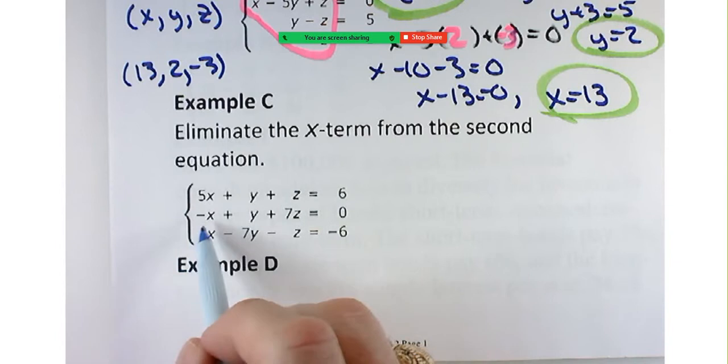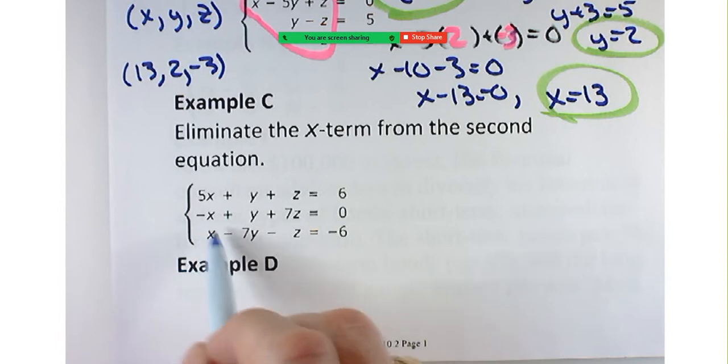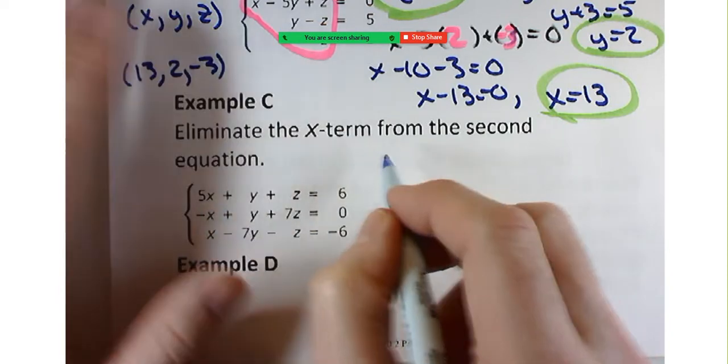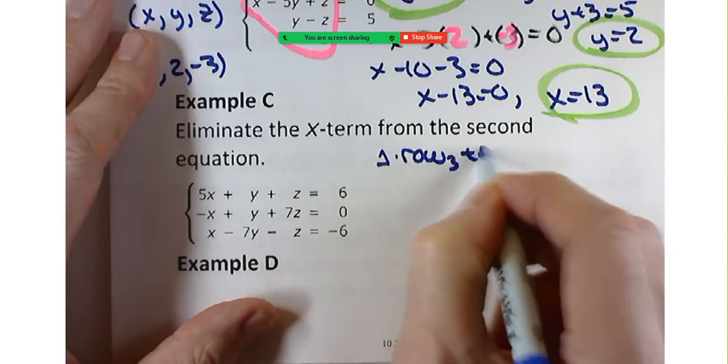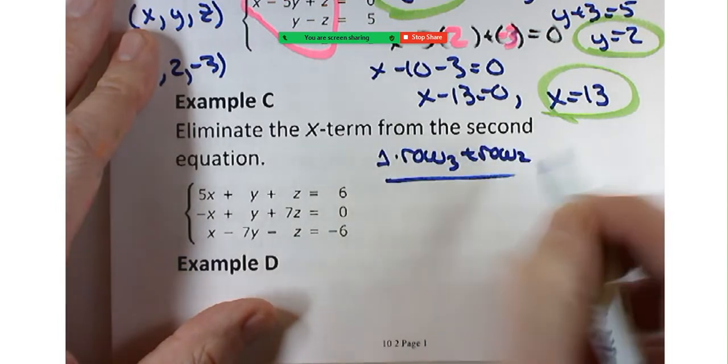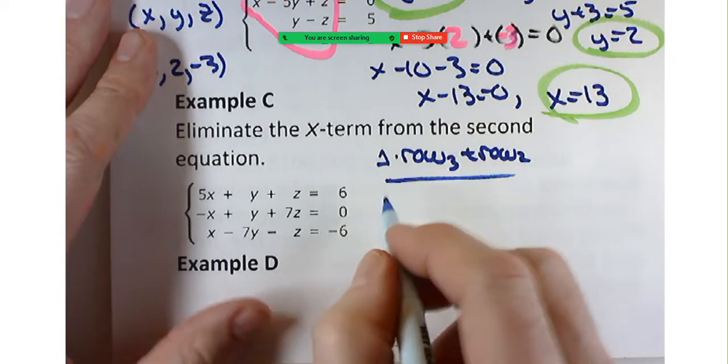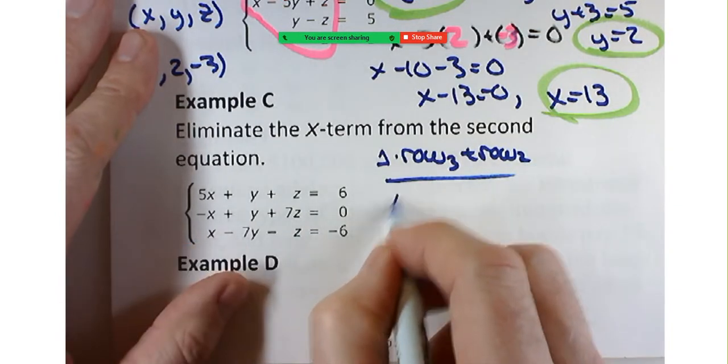What do you have to add to negative x to make it equal to 0? X. Positive x. There's a positive x right down there. So I would just suggest 1 times row 3 added to row 2. So 1 times row 3, well, that's just going to be row 3.